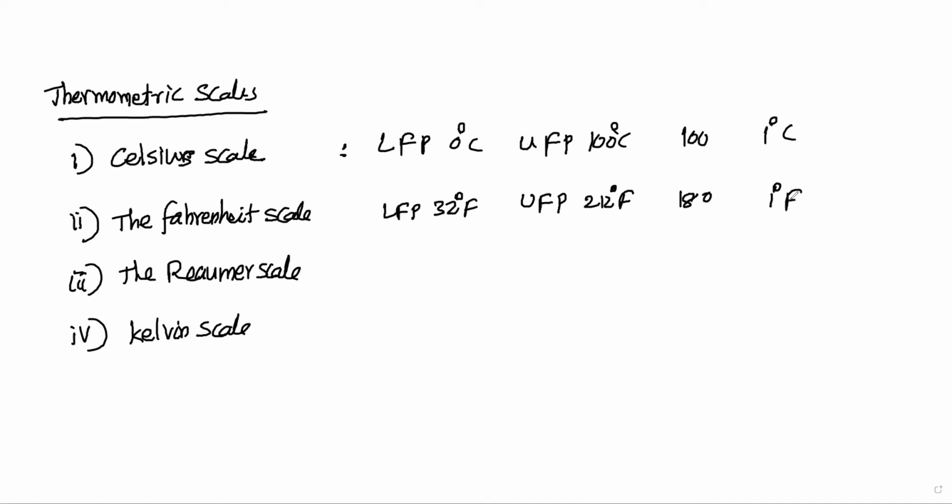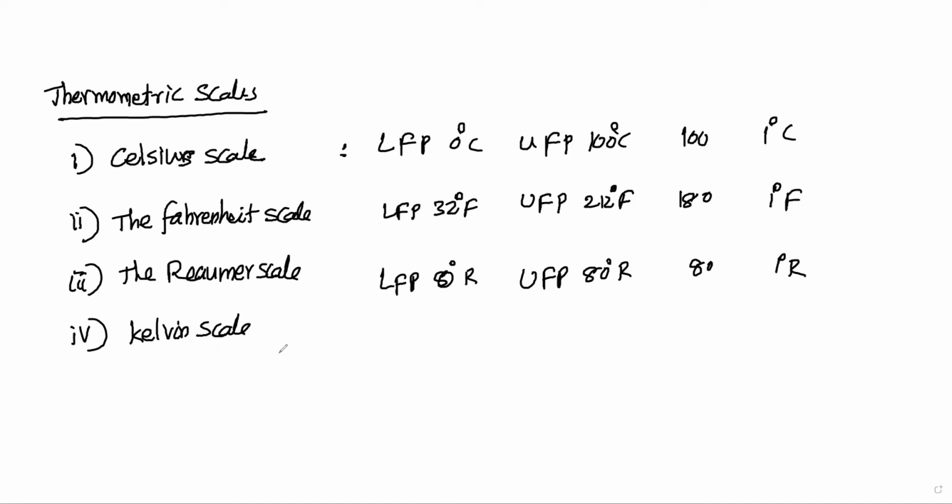So that is 1 degree Fahrenheit. Reaumur scale, lower fixed point 0 degree Reaumur, upper fixed point 80 Reaumur, interval 80 Reaumur.